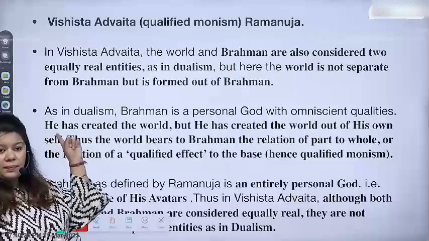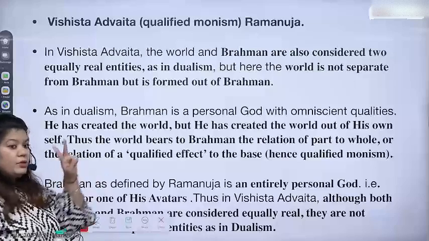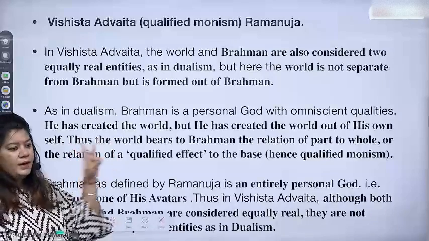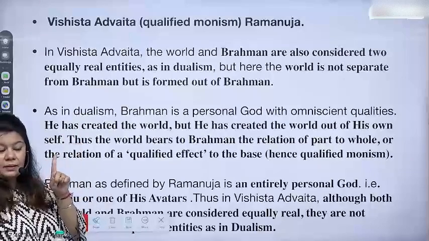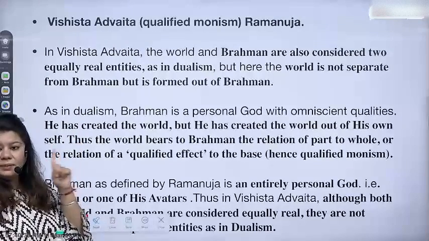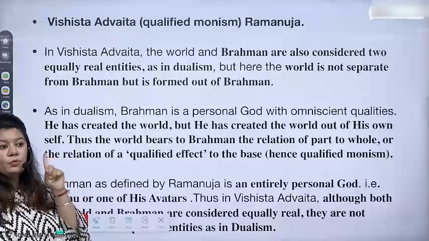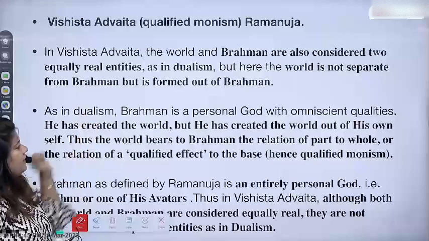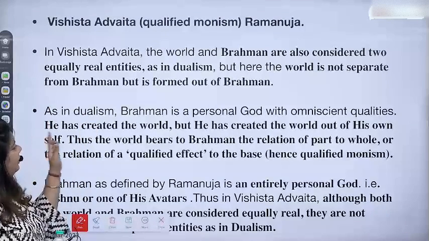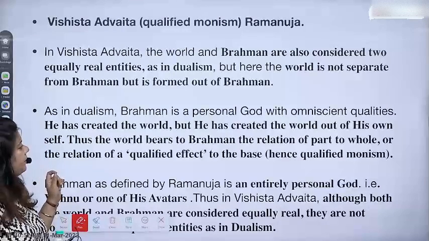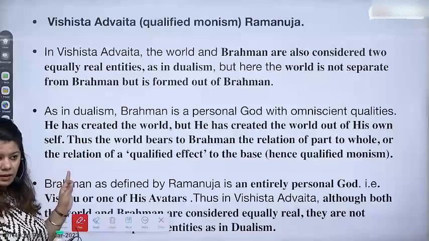The Madhvacharya school was known as dualism, right? Because there were two equal real entities, God and world. This is qualified monism. That means one specific place, or the most important place, is given to one, right? So it says Brahma and the world are equally real entities, but the world is not separate from Brahma.